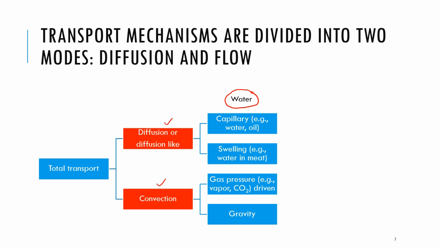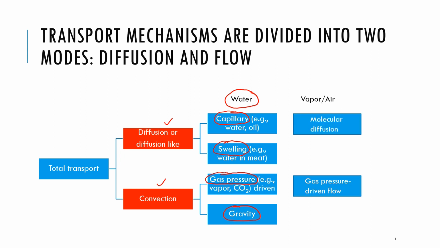For water, diffusion-like movements would come from capillarity or from swelling pressure driven diffusion. The flow of water would be due to gas pressure, or if it's very, very wet material, it could be due to gravity. So that's for water only.